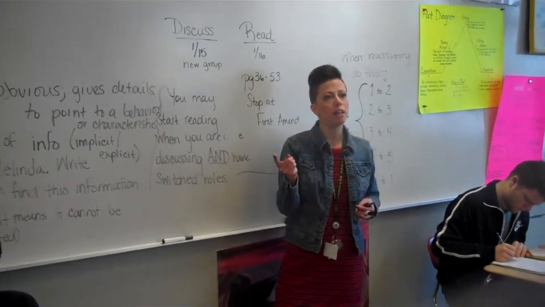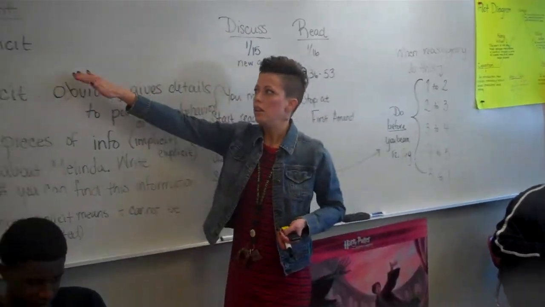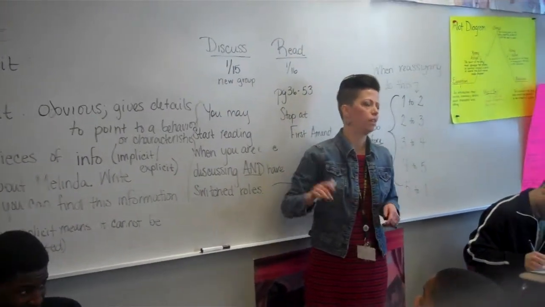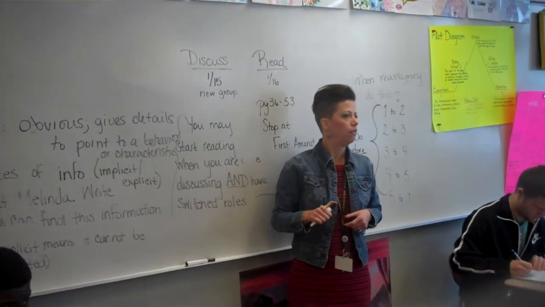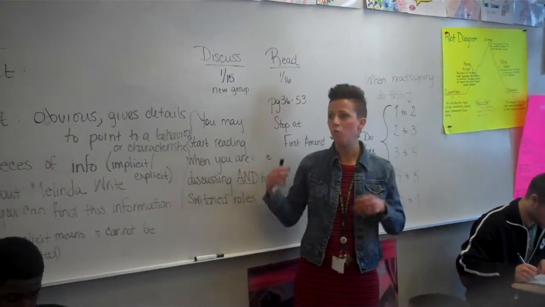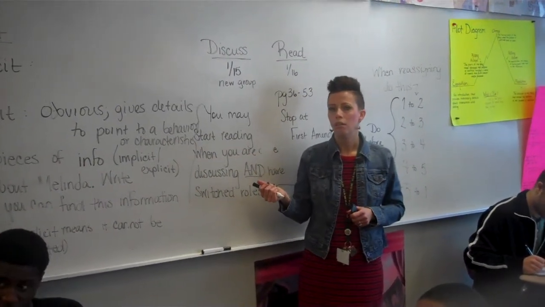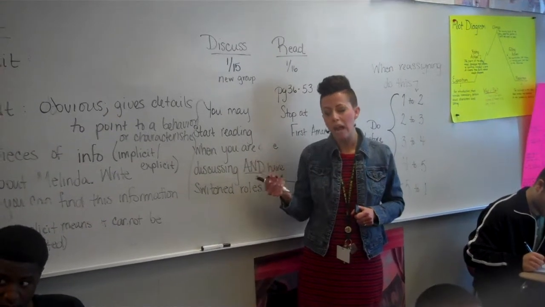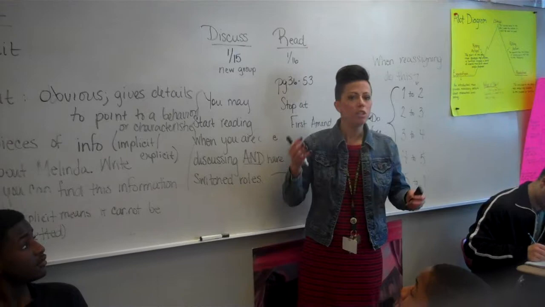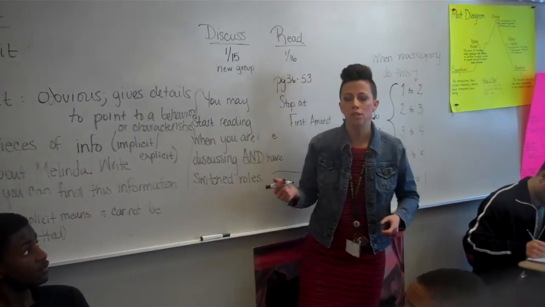Now let's use the other part of Martin's example. She's always smiling, but she's down. That's implicit. What word does that sound like? Implicated. Okay, implicated, what else? Imply. Imply, to infer. What does all of that mean, Angela?